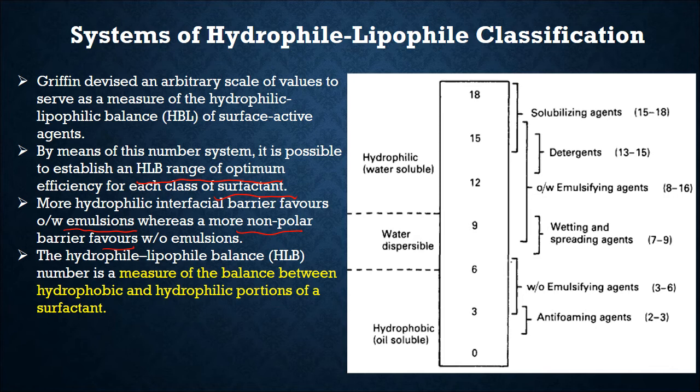For example, if you choose an emulsifier with an HLB of 3, it will favor water-in-oil because it is more lipophilic. If you choose one with a high HLB, which is more hydrophilic, it will favor the formation of oil-in-water emulsion. The hydrophile-lipophile balance number is a measure of the balance between hydrophobic and hydrophilic portions of a surfactant.